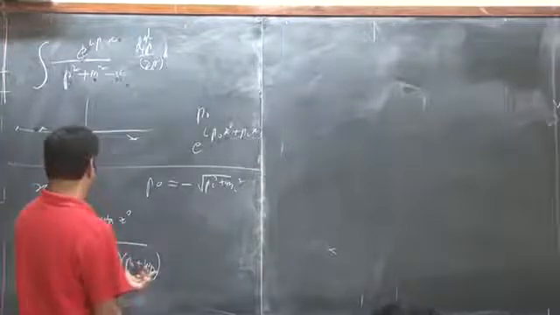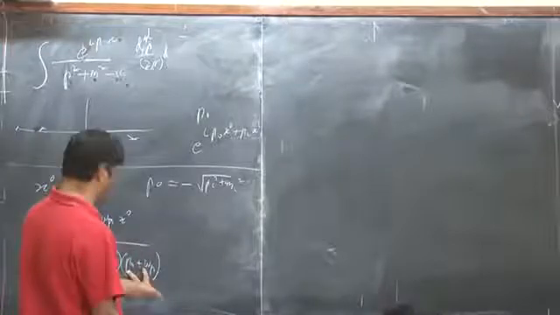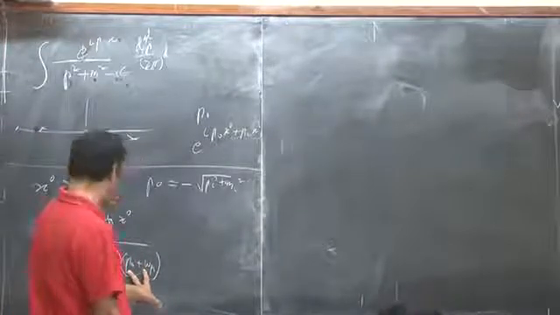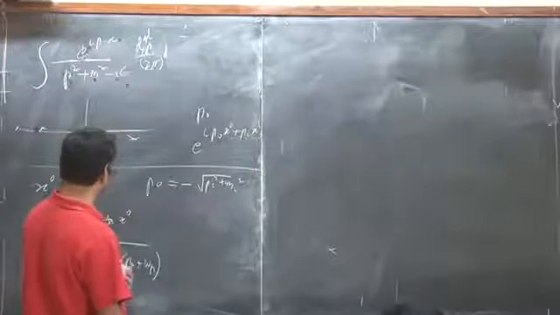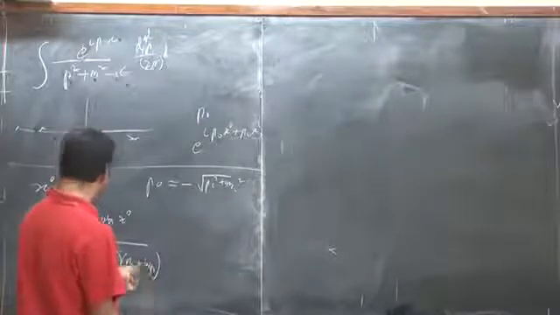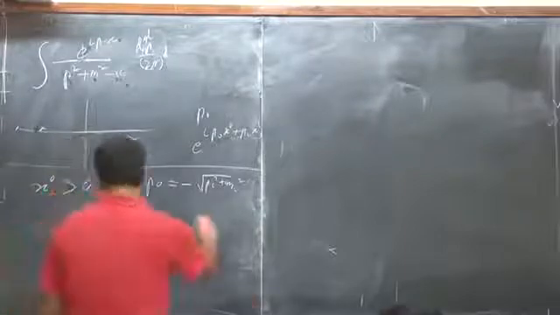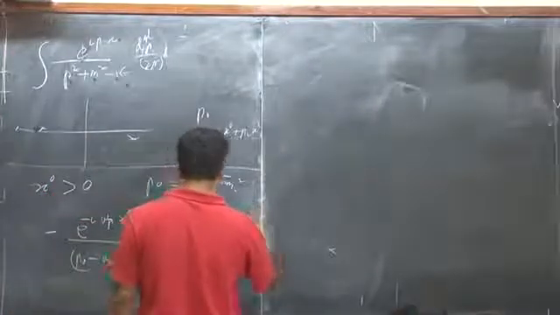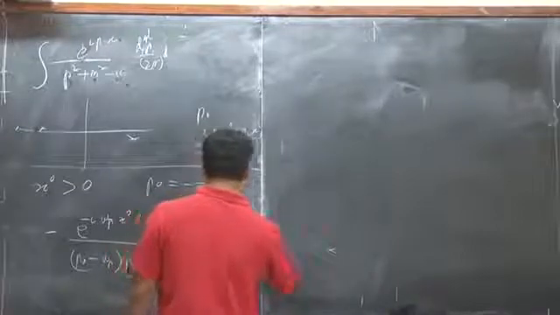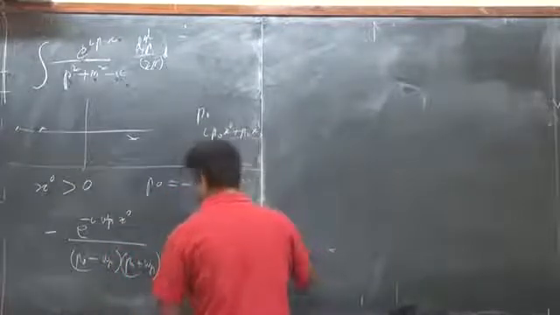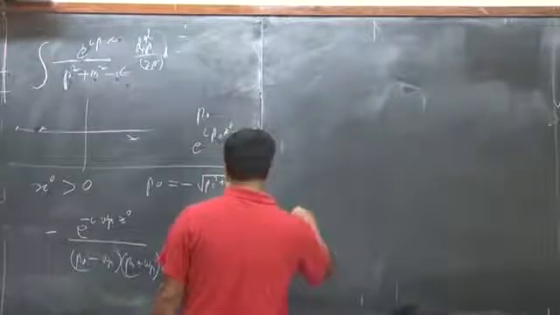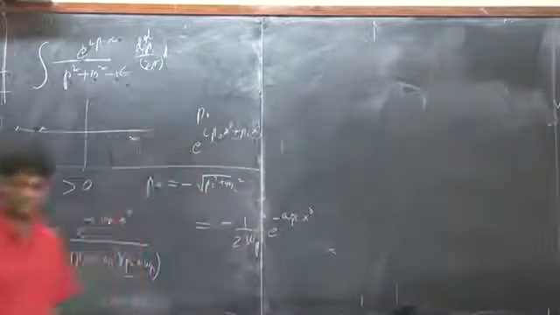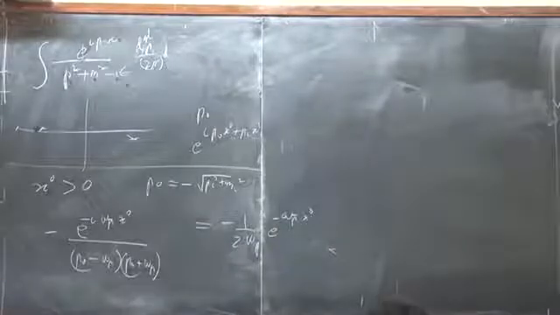Okay. So we have to find the residue at this pole. So we need to take p0 equal to minus omega p and plug it in here. So we just get minus 1 by 2 omega p e to the power minus i omega p x0.